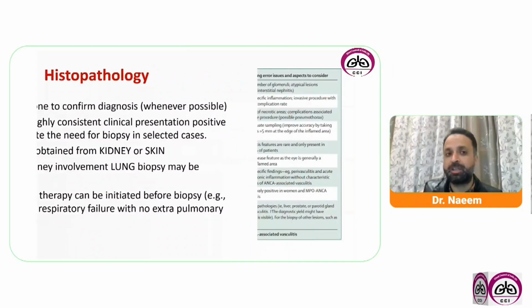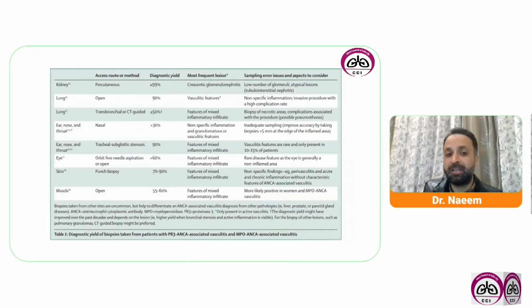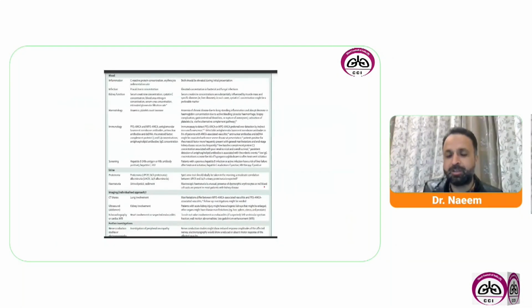However, the diagnostic yield in kidney and skin biopsy is above 90%, while in the lungs, in transbronchial or CT-guided biopsy, it's less than 50%, and open lung biopsy has a high complication rate, though the yield is around 90%. This is the tabulated form of all the lab parameters which I have already discussed with you.